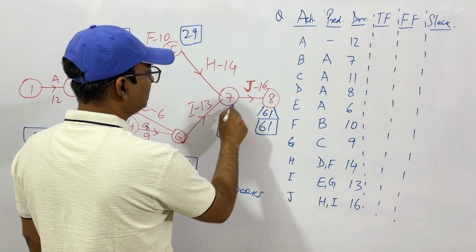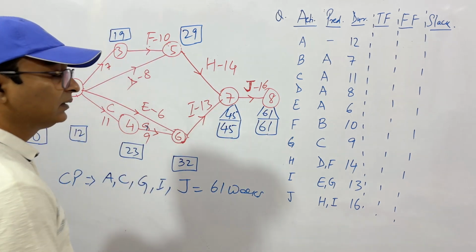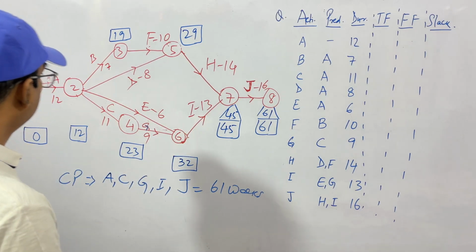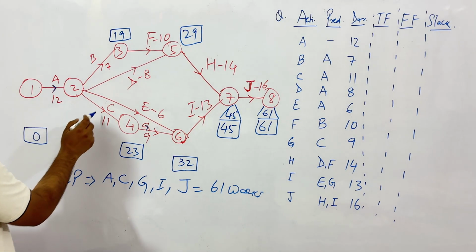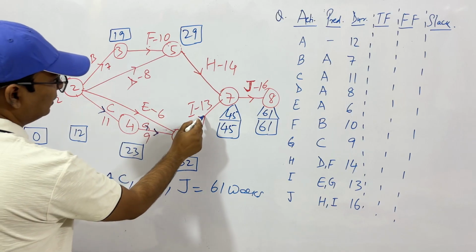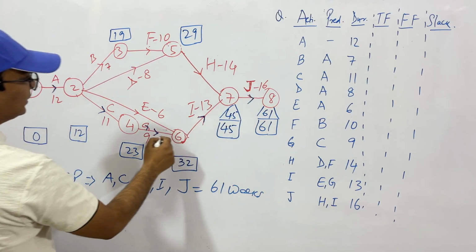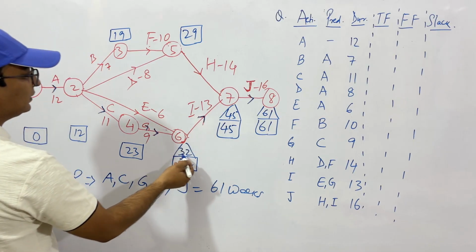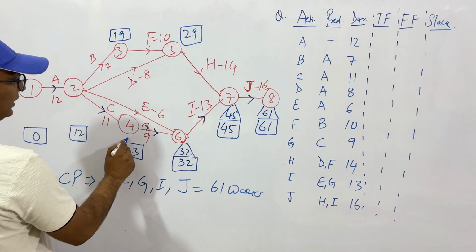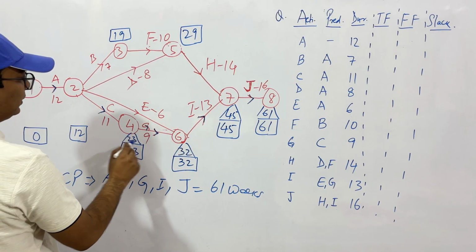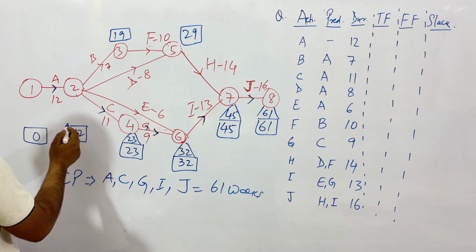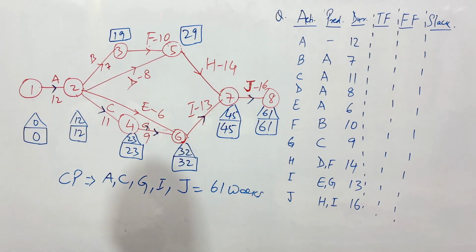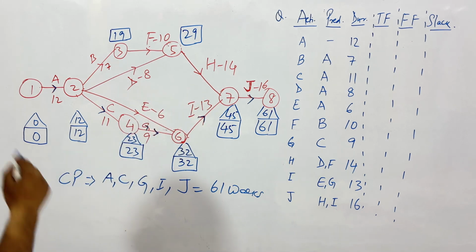Along the critical path, both forward pass and backward pass, the values are same. This is our critical path. So along this, it will be same. See, 45 minus 13 is 32, then 32 minus 9 is 23, then 23 minus 11 is 12, and then finally 0. So we have calculated backward pass for this.